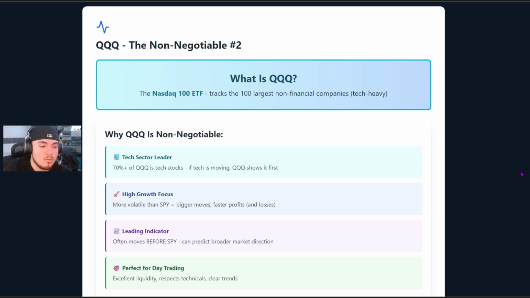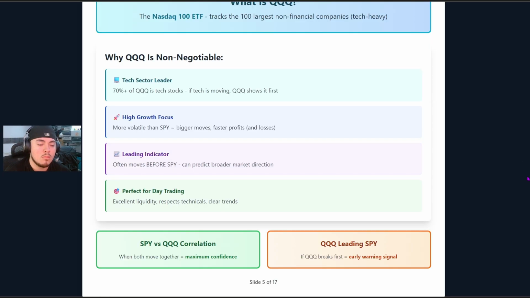QQQ has a high growth focus for these stocks within. NVIDIA right now is trading at what, a 40 to 50 price-to-earnings ratio, right? Not even to say it's overvalued, it's just that these companies have massive profits and can have extraordinary moves, really super volatile. As we can see in software lately, software stocks have been getting absolutely crushed to start this year.